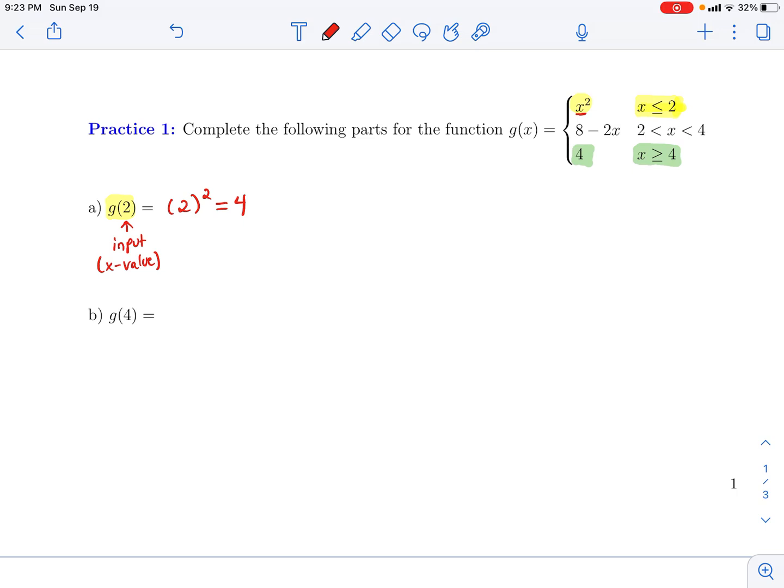There really is no plugging in involved at this step. Because when x is greater than or equal to 4 I have this piece 4, g of 4 is just 4. Again, the 4 is my input, and so I would be using what's in the green there to get g of 4.